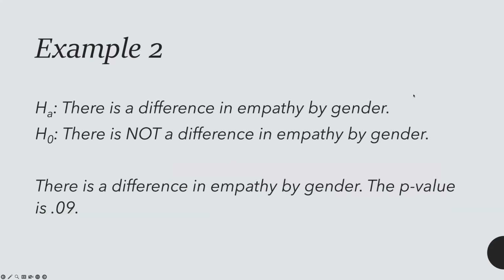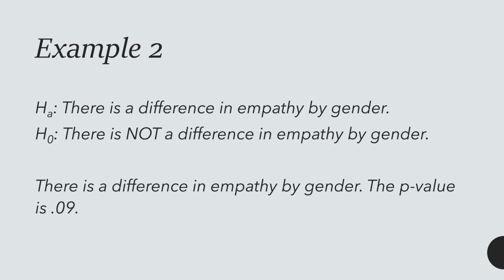For example 2, there is a difference in empathy by gender is our alternative hypothesis. And then our null hypothesis is that there is not a difference in empathy by gender. So in our example here, there's a difference in empathy by gender. The p-value is 0.09. Again, you need to identify what is the reality and what is the researcher decision.